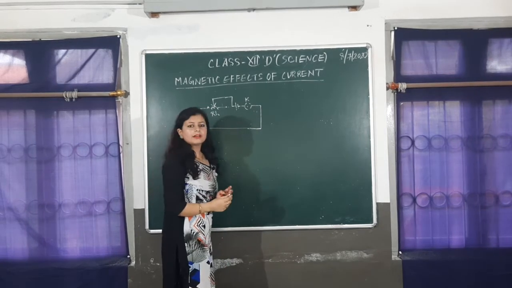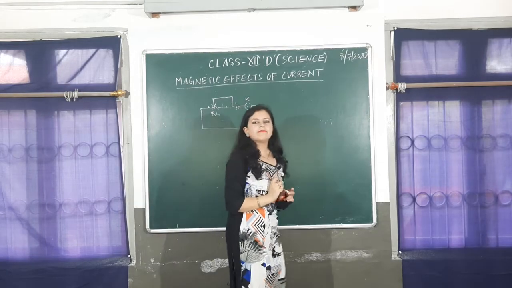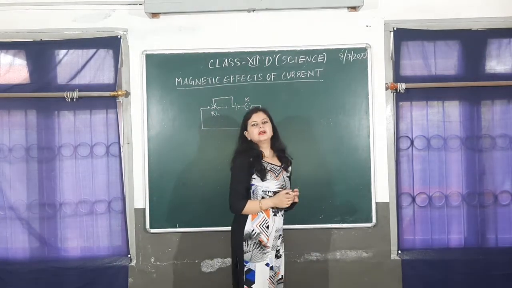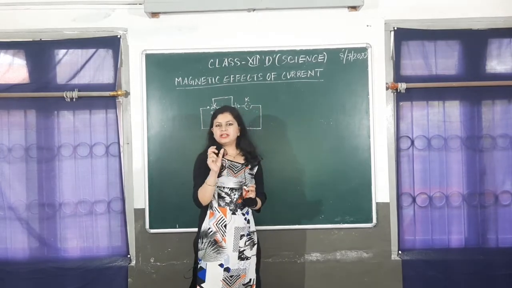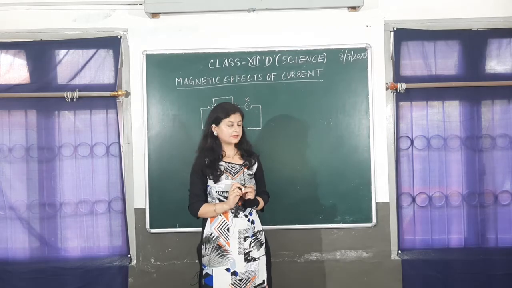To see whether a magnetic effect has been created or not, there is a device called a magnetic needle which will detect the presence of a magnetic field. Now if you have a magnet and you put a needle around the magnet, the needle will start getting deflected, right?